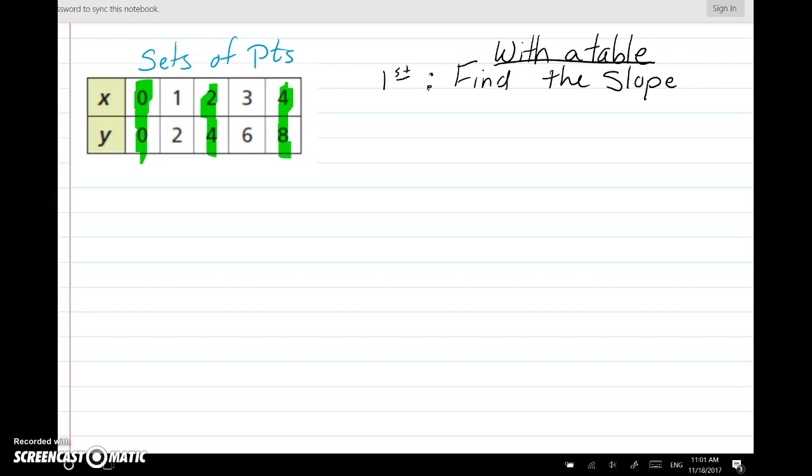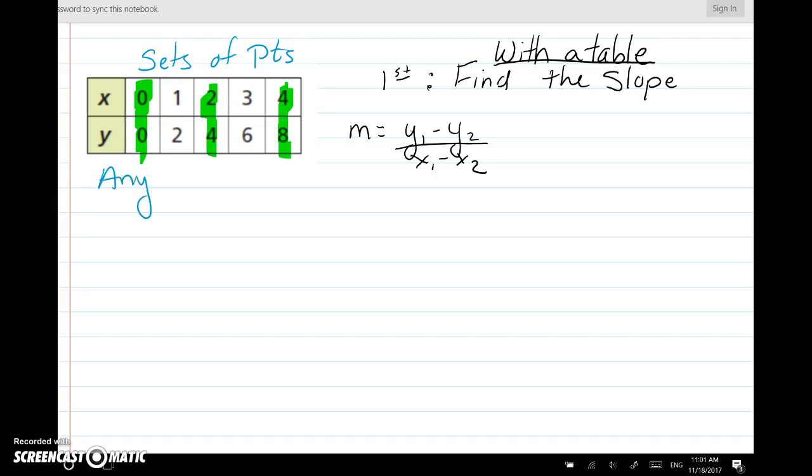Now, all we need for slope is, remember, m equals y1 minus y2 over x1 minus x2. So really all we need is 2 points. We can choose any 2 points. It doesn't matter.